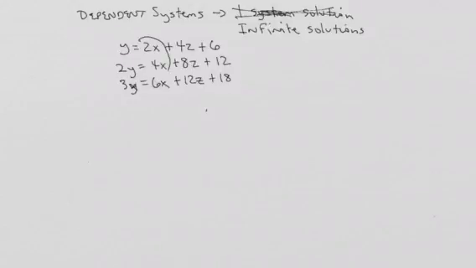I'm going to use equations 1 and 2 to get rid of x, and then I'm going to use 1 and 3 to get rid of x. I might say I'm going to multiply the first equation by -2, and in the second equation, I'm going to leave that alone, because I'm just trying to get rid of x. By multiplying the first equation by -2, I'm going to get rid of x.